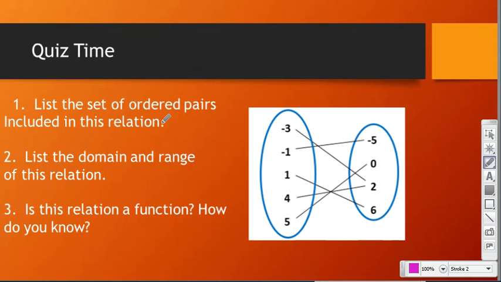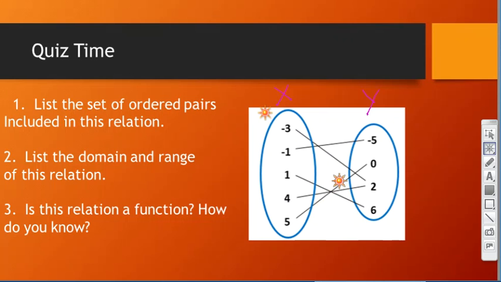I am going to go over what I want you to do for the quiz just to make sure that you understand. For question number 1, you are to list the set of ordered pairs included in this relation. So you've been given a relation here, okay? These are your x values, these are your y values. You need to take this arrow diagram and you need to list out the ordered pairs.